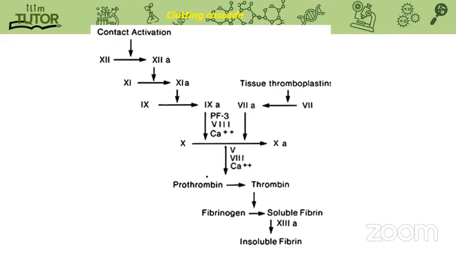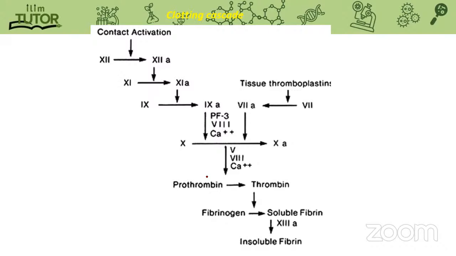And the reason why we have blood clotting, apart from sealing up injuries to prevent entry of microorganisms, is that it also prevents loss of blood, which is not very good for the human body.